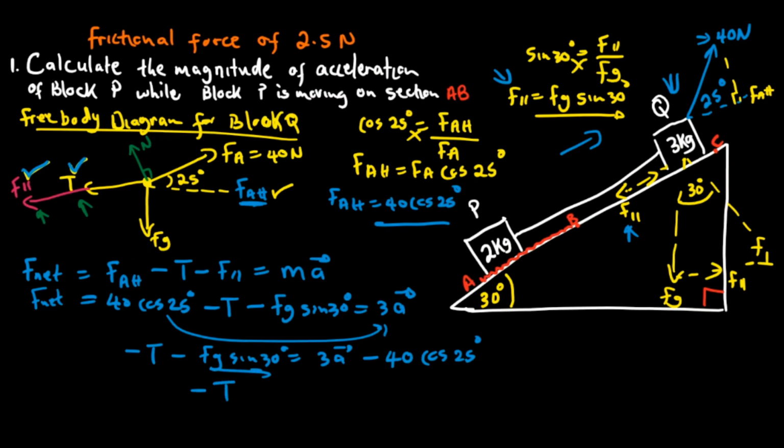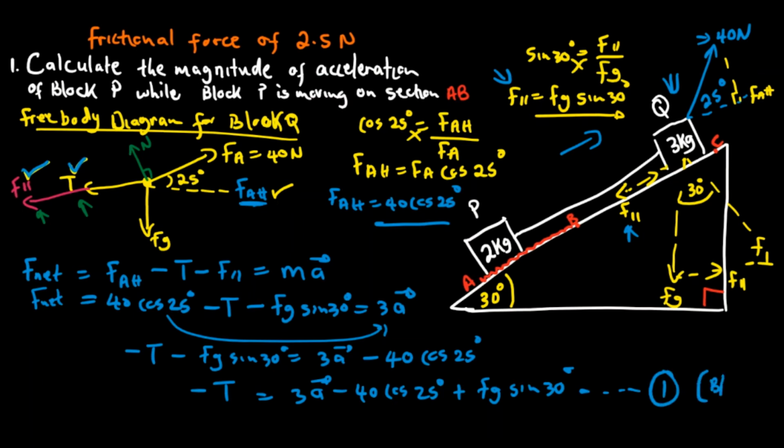We're going to have minus T is equal to 3A minus 40 cos 25 degrees plus F of G sine 30 degrees, right? So this is going to be our equation 1 that we got for block Q, right? So now we're going to identify equation 2 from block P.